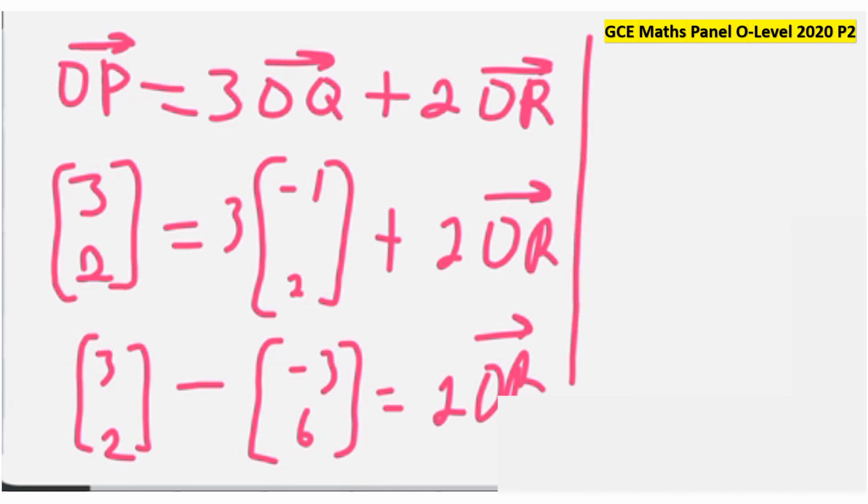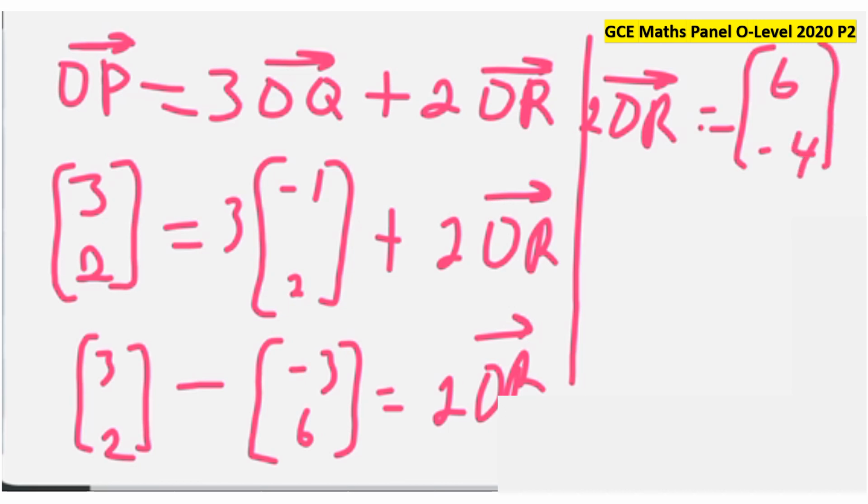So finally 2 OR, when you finish solving, in terms of i and j as the equation is saying, will give us a value of (6, -4). So that's 2 OR.